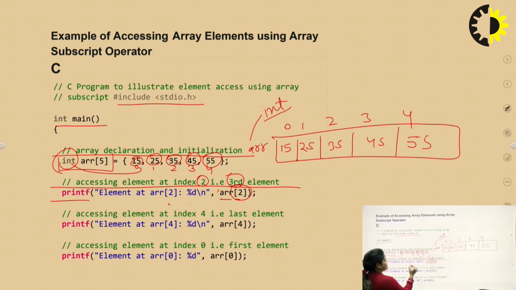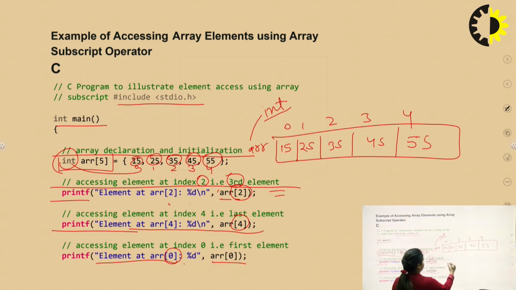Now in order to access another element, at the fifth position, we again write this with subscript 4. And at 0 you can access any element of an array with the help of this printf statement, with array subscript 0. So what will be the output for array 2, array 4 and array 0? Array 0 will give 15, the position at 0.